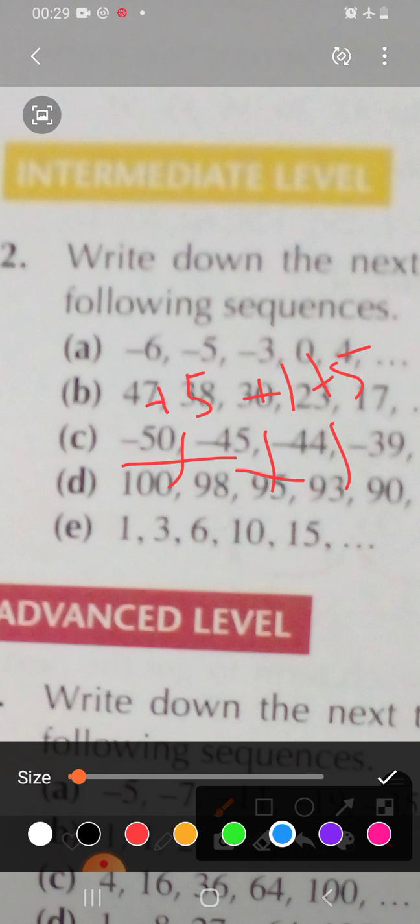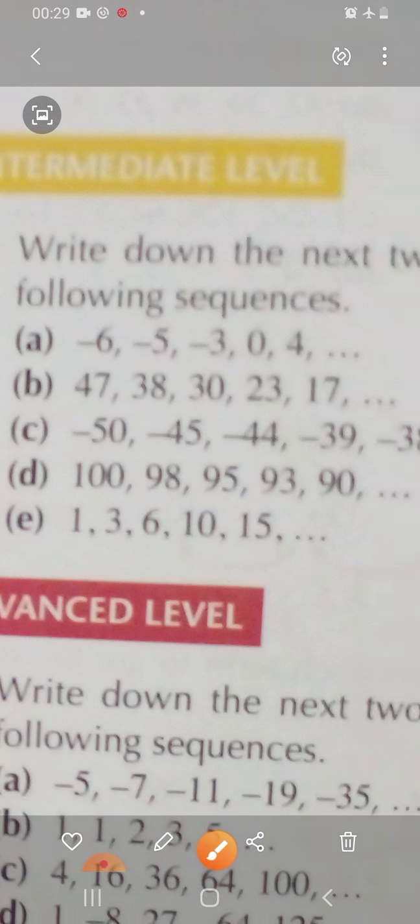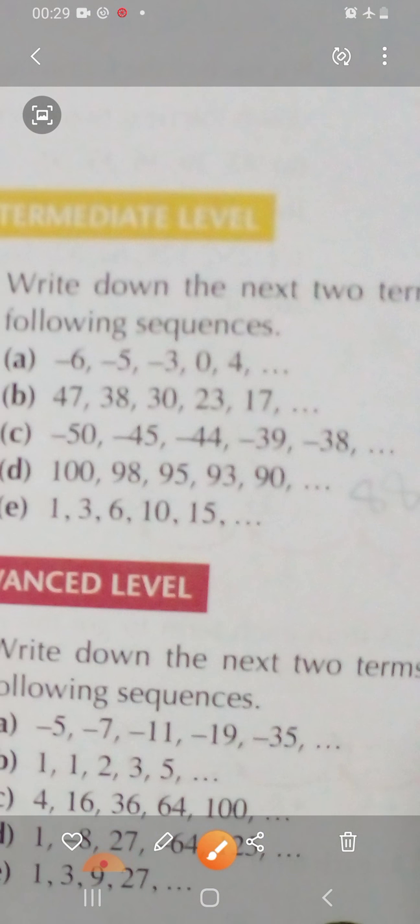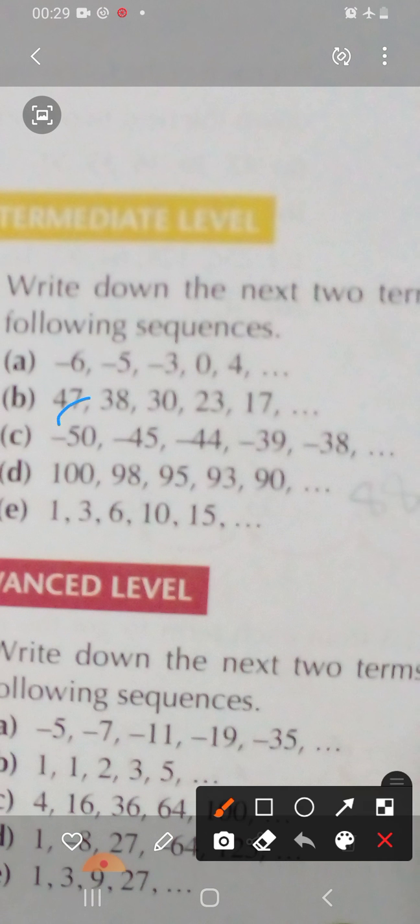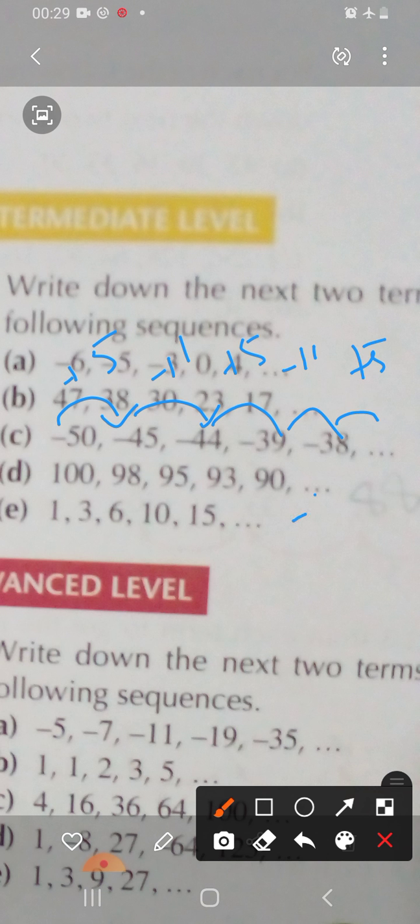Then plus 5, then plus 1, then plus 5. So to get the next number, we have to add 1, and so on: plus 5, plus 1, plus 5, plus 1. The next number is obtained by adding 5, then adding 1.